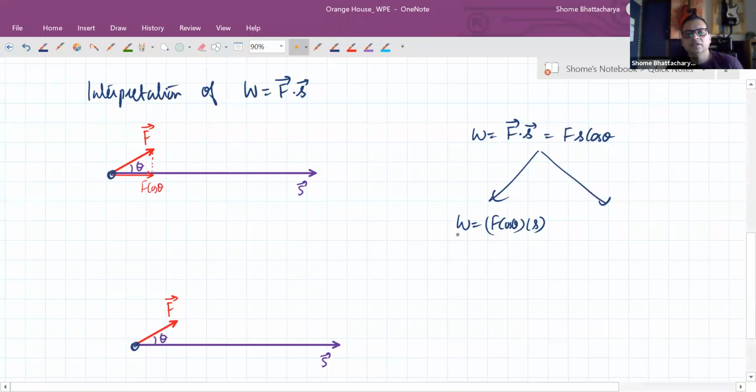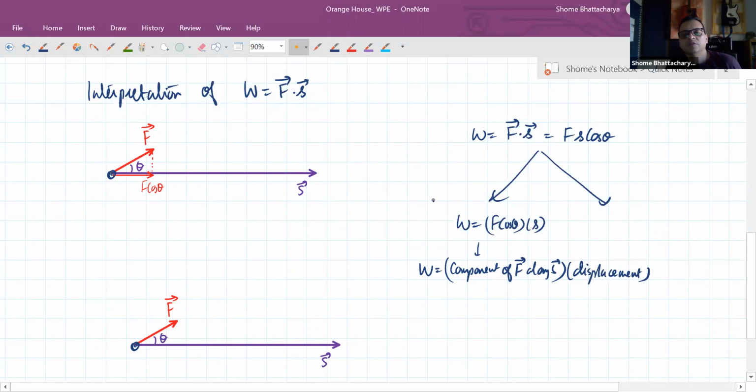So the interpretation of this is work done is the component of force along displacement multiplied by displacement. That is one way of interpreting it.